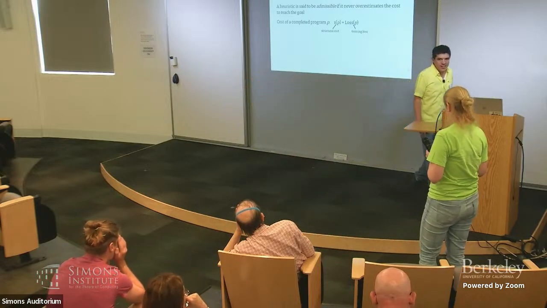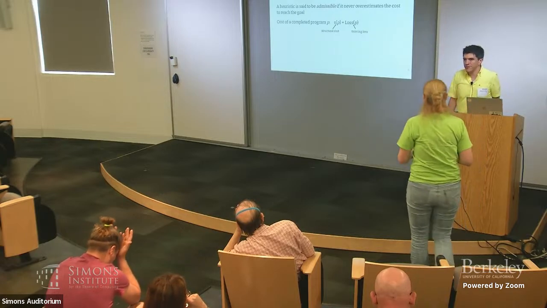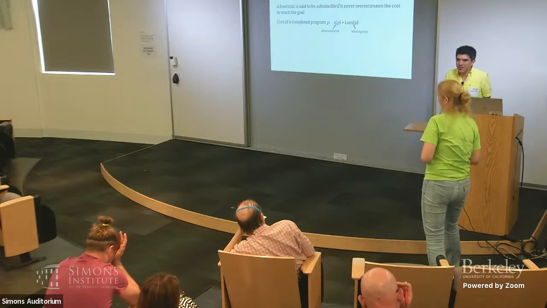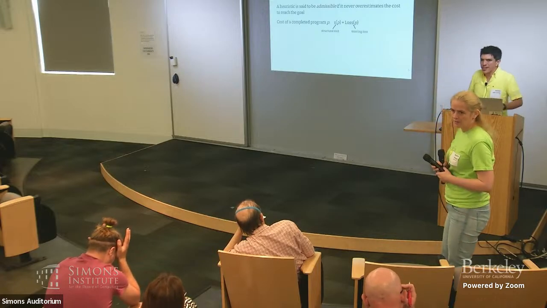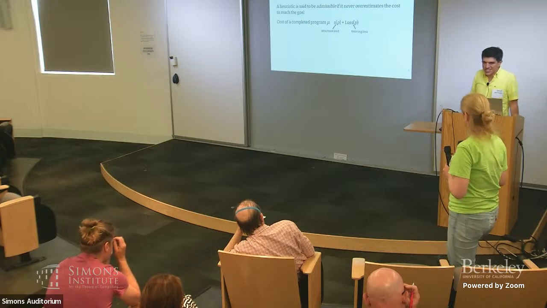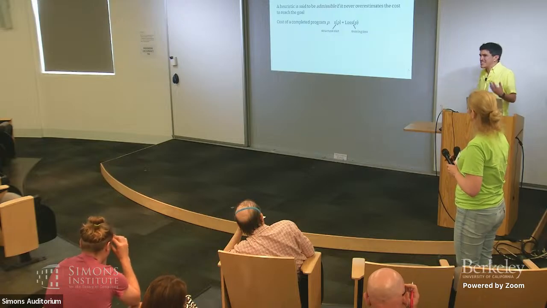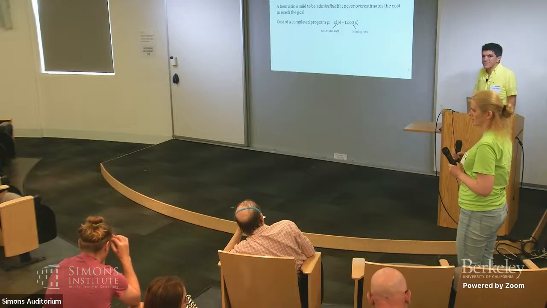You want to penalize those programs that have lots and lots of branches, because you can always keep adding branches and eventually fit your entire data set, but it's not going to be a very good program.